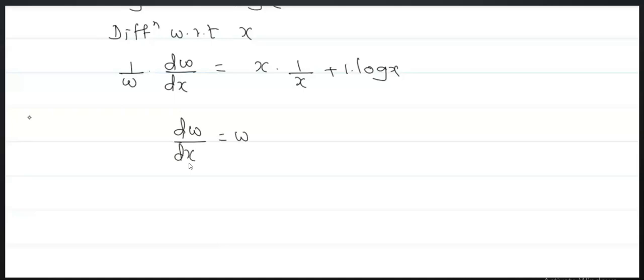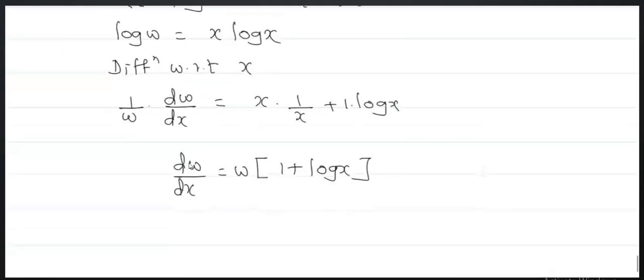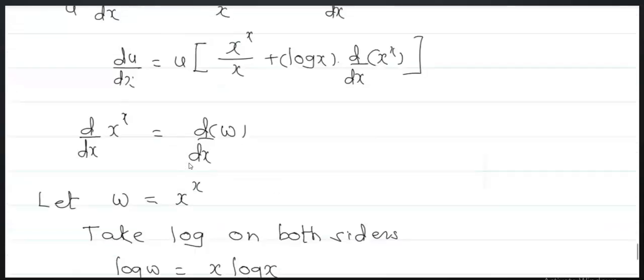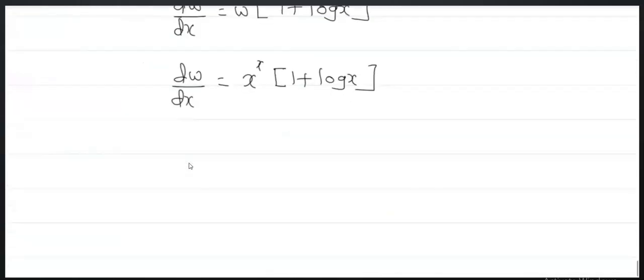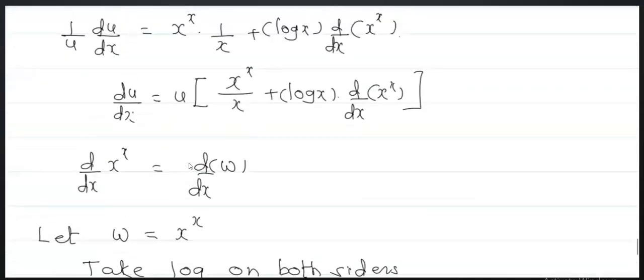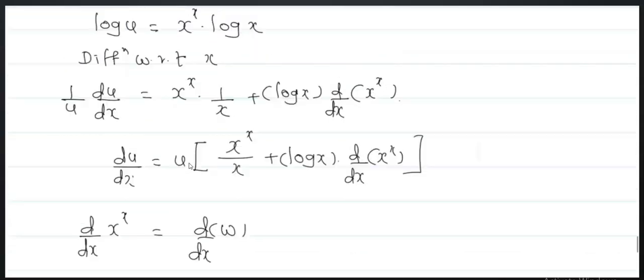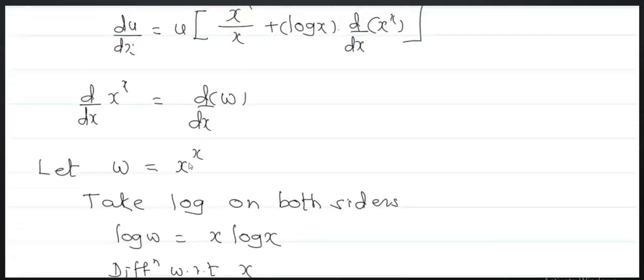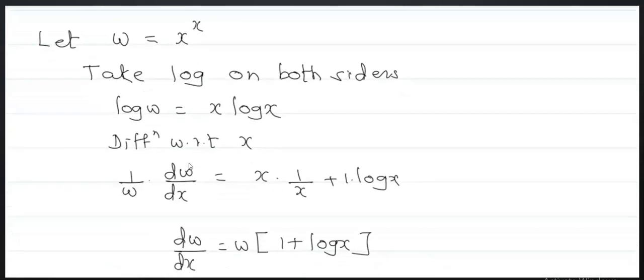Therefore dw by dx is equal to w in bracket 1 plus log x, and w is x raised to x. Substitute the value. You will get the answer. Therefore du by dx is equal to x raised to x raised to x.